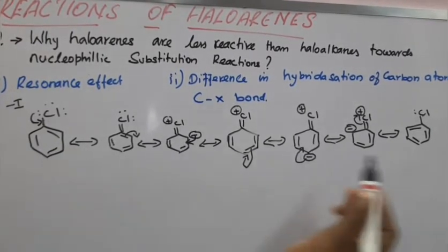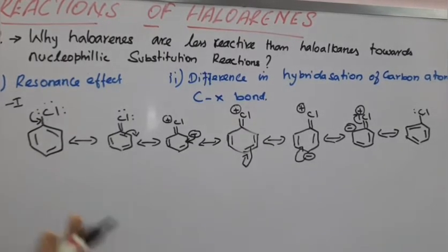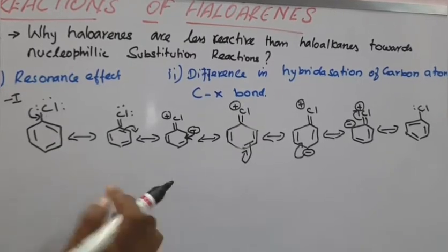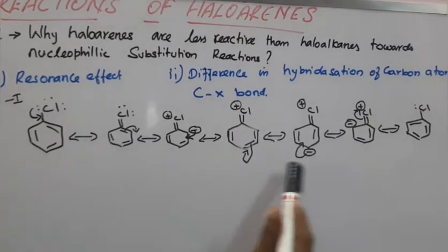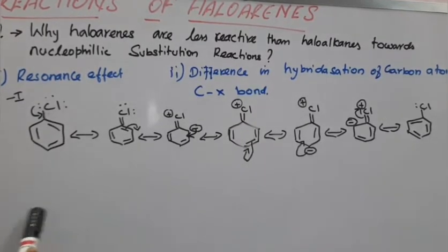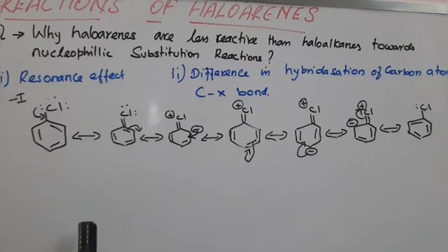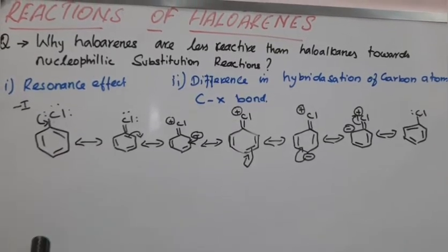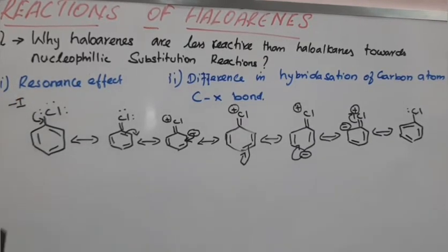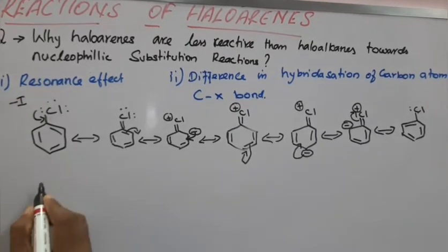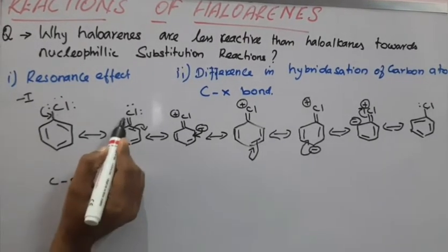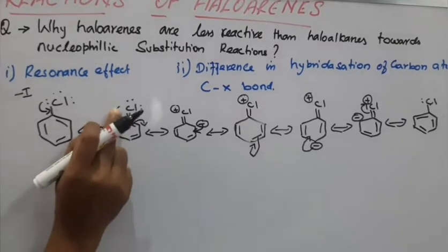The real and canonical structures are not one and the same; these two will not be the same. But because pi bond delocalization takes place, it undergoes many resonating structures, 1, 2, 3, 4, 5, 6. The higher the number of resonating structures, the more stable the compound. So under the resonance effect, the C-Cl bond gets a partial double bond character.